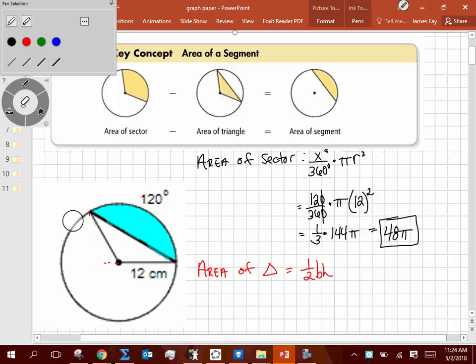In all these problems, the easiest altitude for you to find is that one there. Anybody know why? What kind of triangle is that? It's isosceles. So that's 12, right? Meaning that if this is perpendicular to this chord, then it's going to bisect that chord.